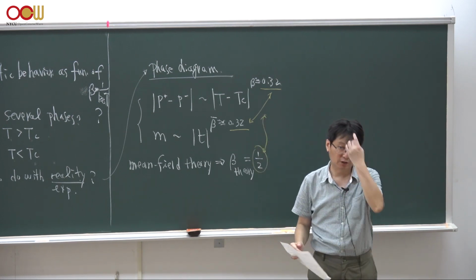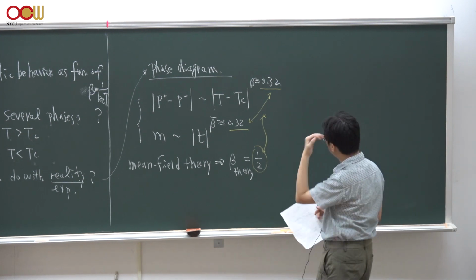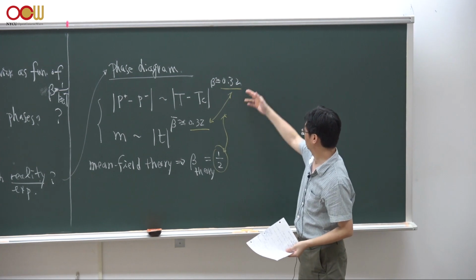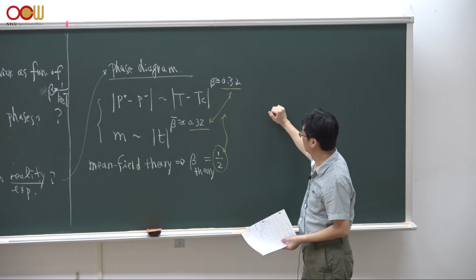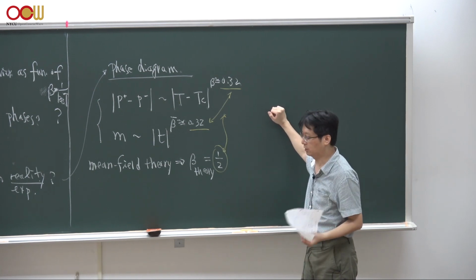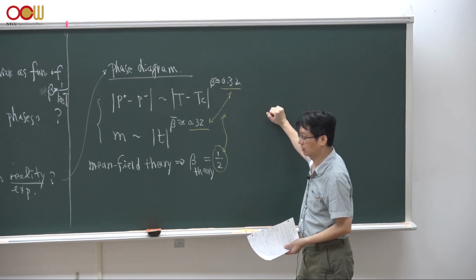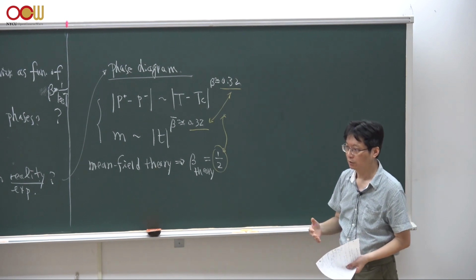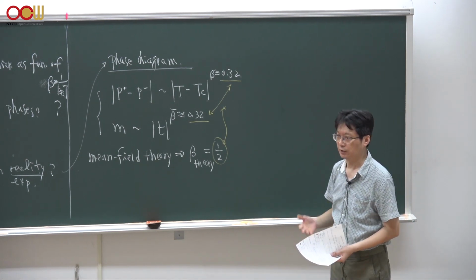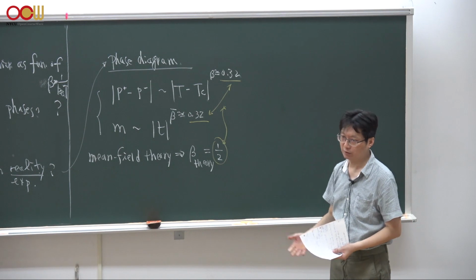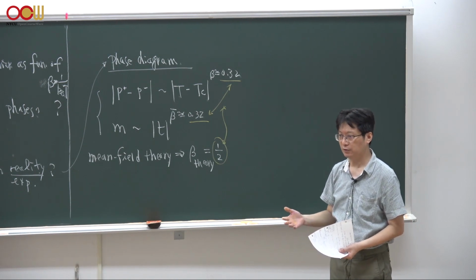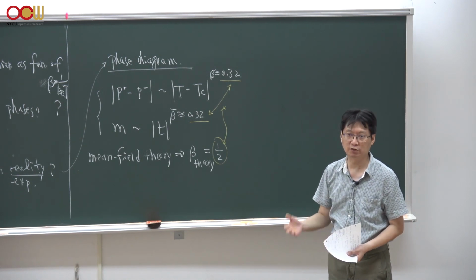One may think that, well, this difference is not that big and it's pretty close, right? So 0.3 and 0.5, close enough. It's not a big deal, because oftentimes in theory we could quantitatively describe experiments by using some model calculations, and even in some cases we can get a quantitative agreement.